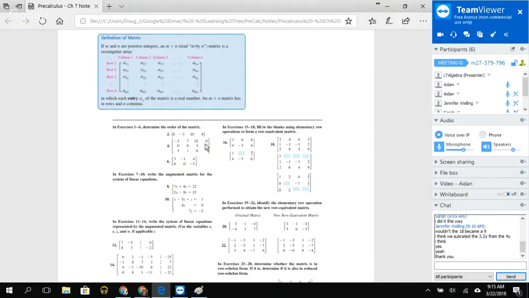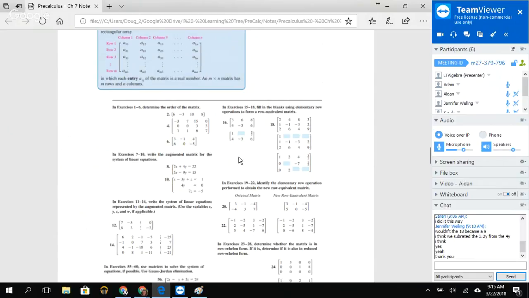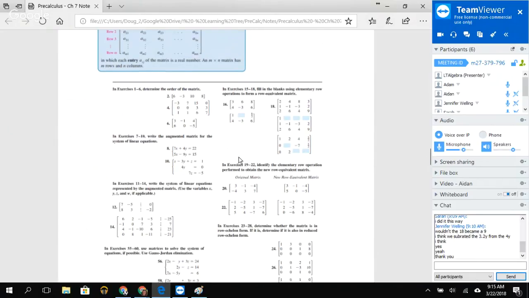So they put it right after we were solving systems of linear equations. And now we're going to shift a little bit and talk about matrices in general and what operations we're allowed to do on matrices. And then that's going to lead us to another technique that we can use with matrices down the line. So that's kind of what 7.5 is.